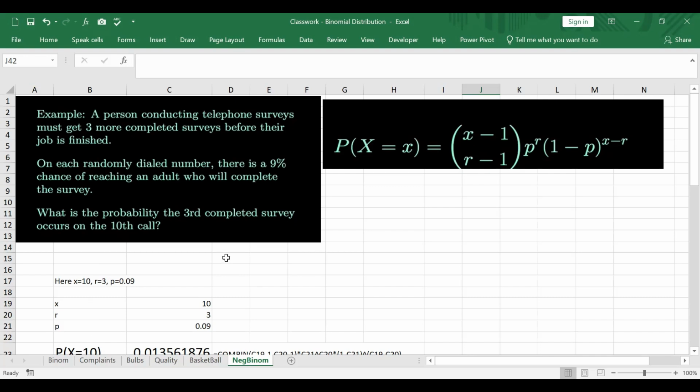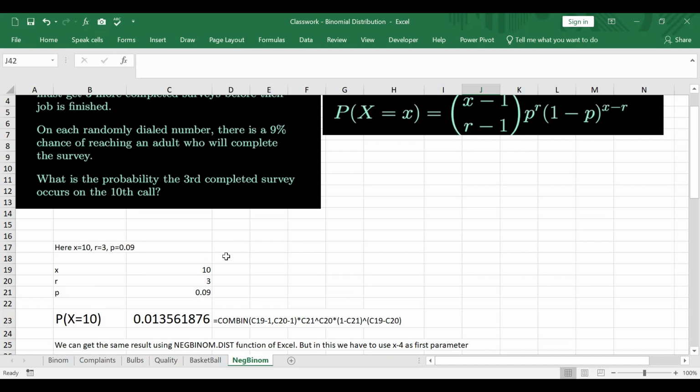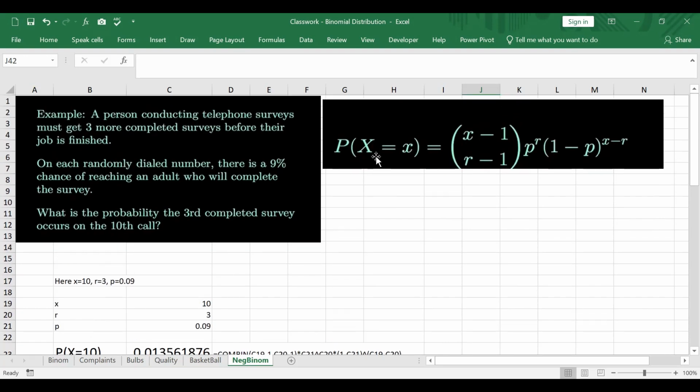So here, you can use this formula: P(X = x) is x minus 1 choose r minus 1, times p to the power of r, times 1 minus p to the power of x minus r.